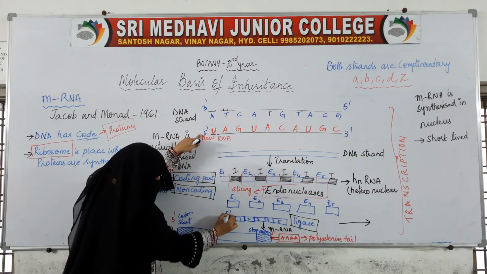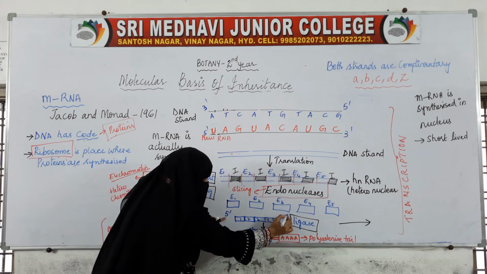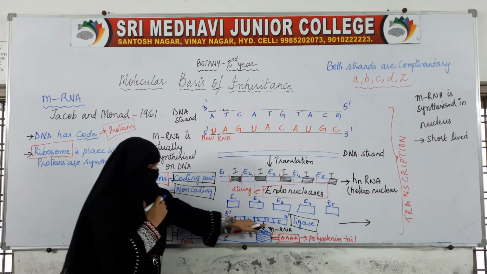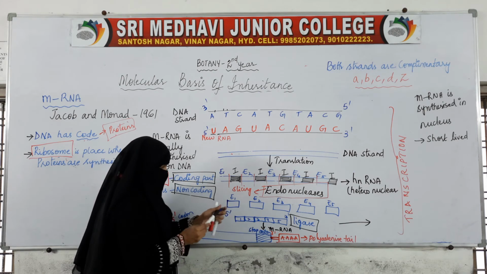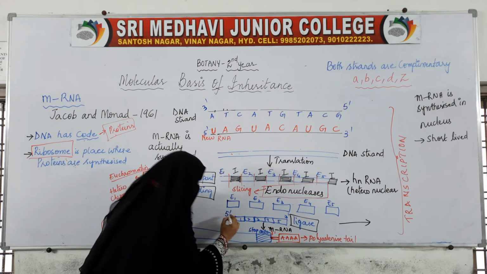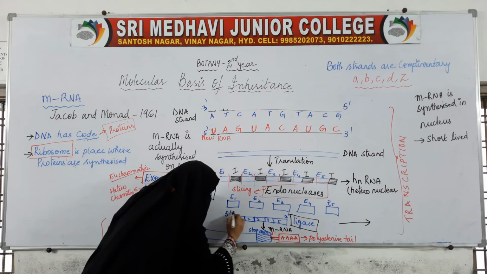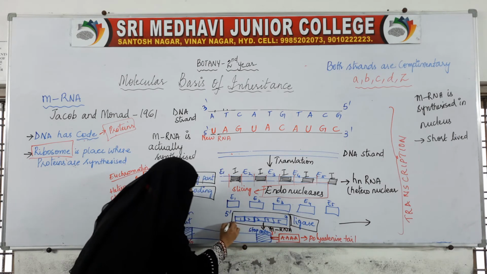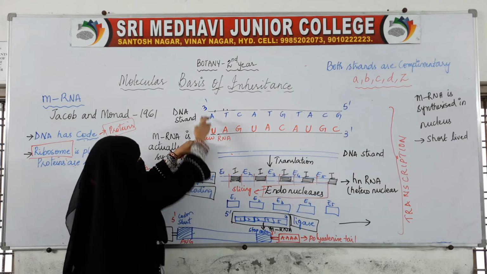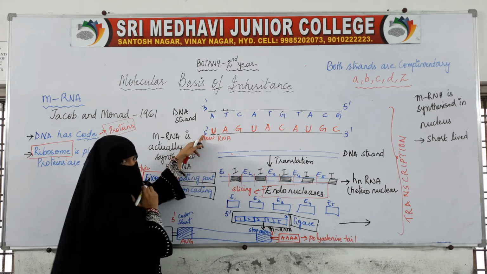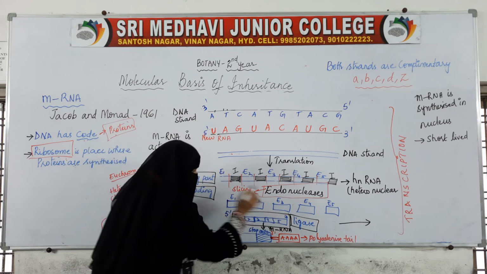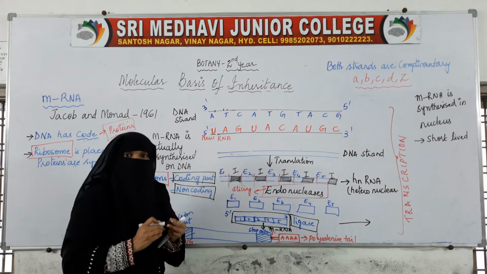So this is the 5' end and this is the 3' end. This is the mRNA, the newly synthesized mRNA. This is 5' because this is 3'. So 5' and 3', and it is very unstable.